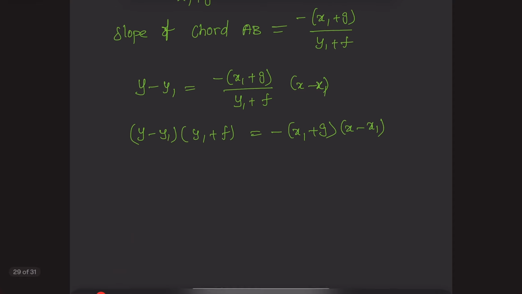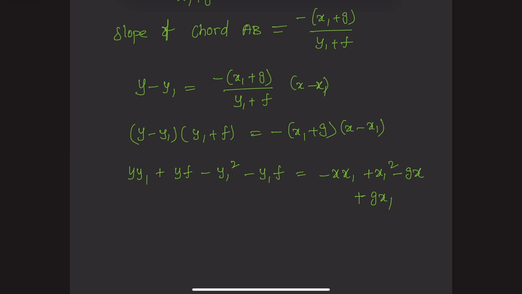Alright. So this is y y1 plus y f minus y1 square minus y1 f is equal to minus x x1 plus x1 square minus g x plus g x1. Alright. So this is the equation of the chord.